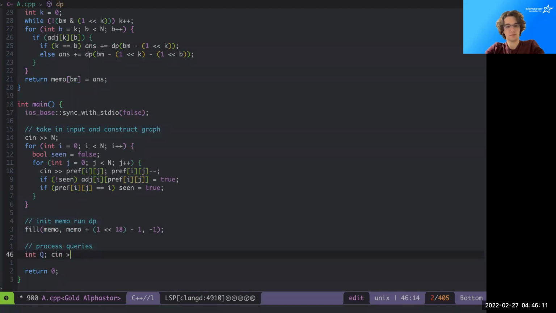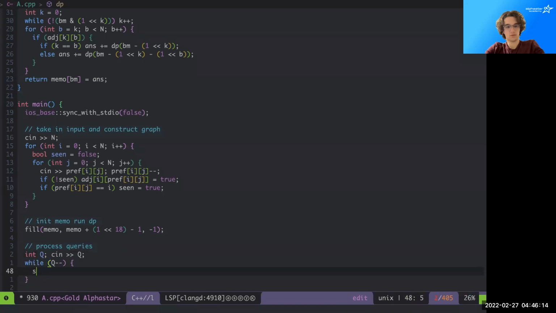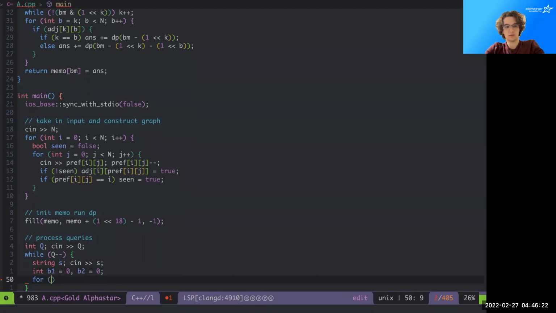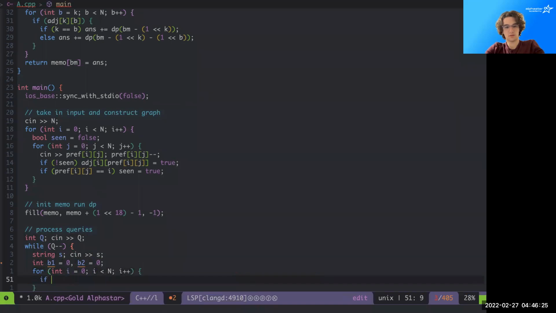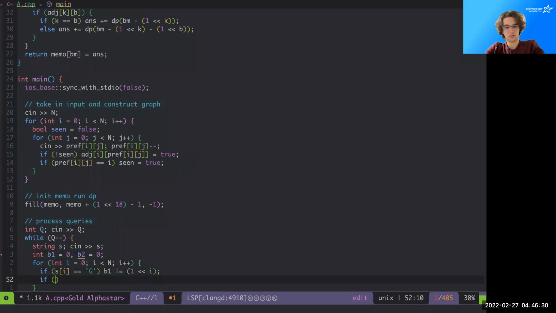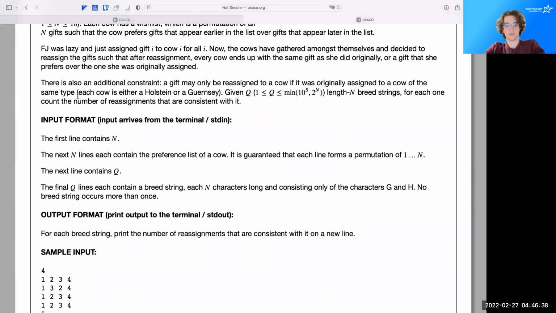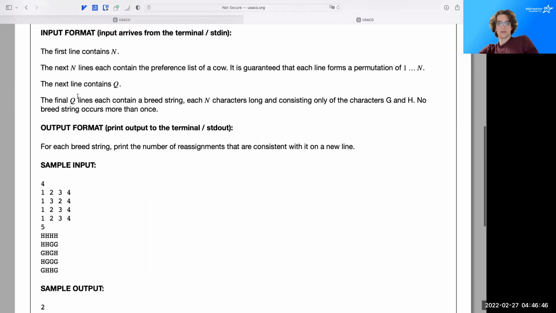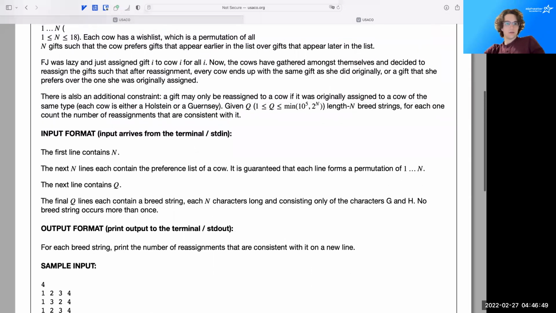Sample. The constructor bit masks. Did I construct the bit mask in the right direction? Like which one are they in this? I don't actually know.